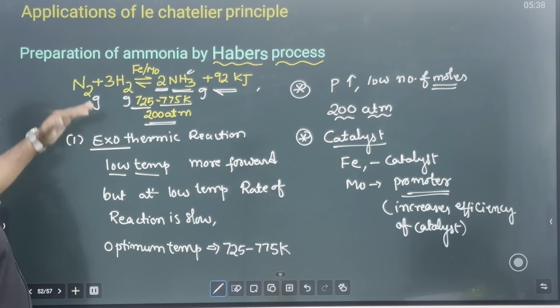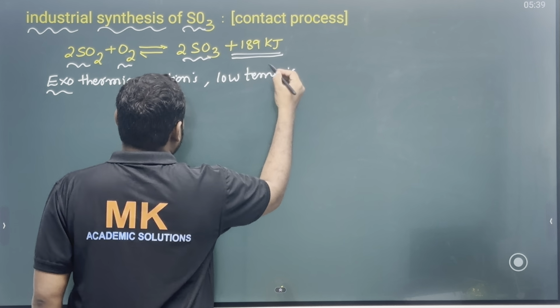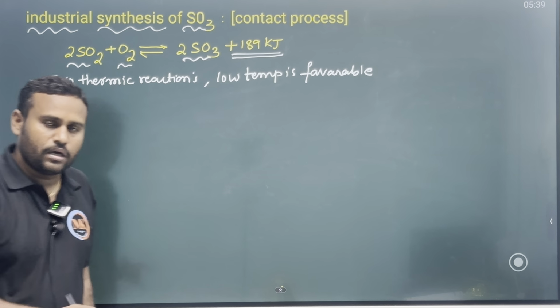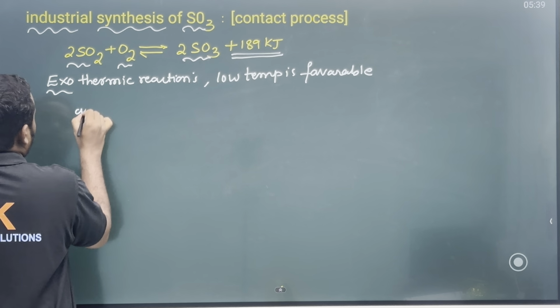For exothermic reactions, we know low temperature is favorable, but at very low temperature the rate of reaction is slow.